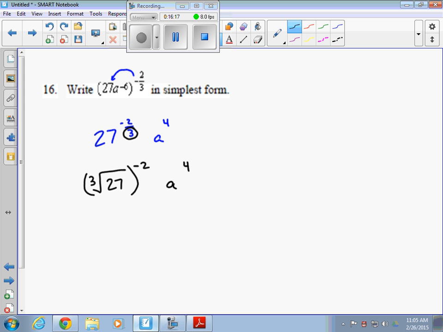We know the cube root of 27, we did it just a minute ago, it's 3. So 3 to the negative 2 power times a to the 4th power. And again, all this does is make this over 1 ride the elevator. And a to the 4th stays on top. And 3 goes down. It becomes 3 squared to a positive 2, which simplifies to a to the 4th over 9.